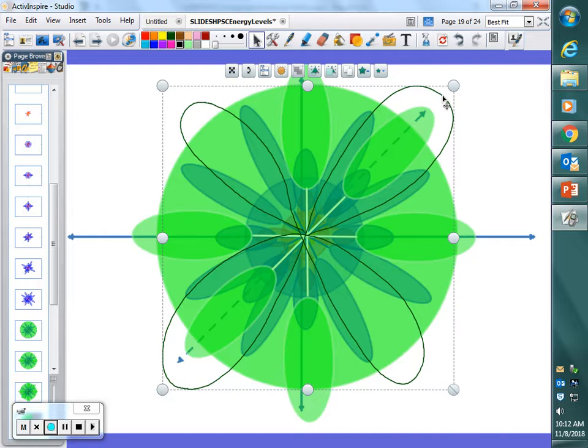Color, size, and shape. All of these orbitals, all of these shapes that we've drawn on the board, we can classify them according to color, size, and shape.